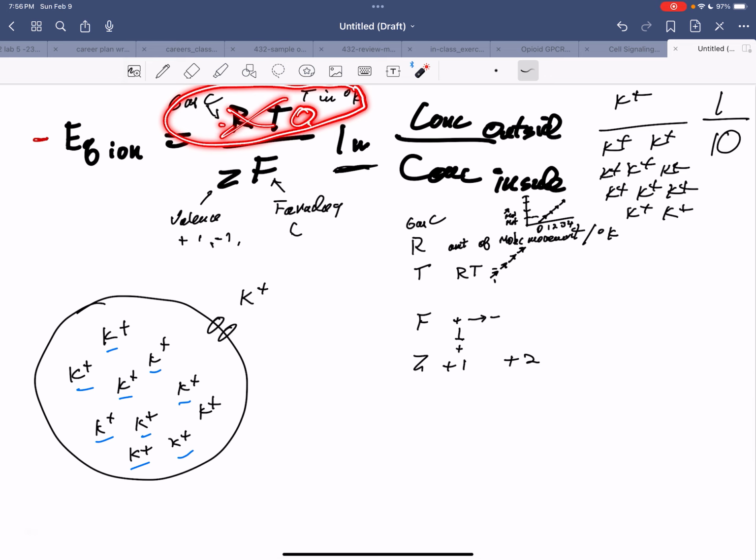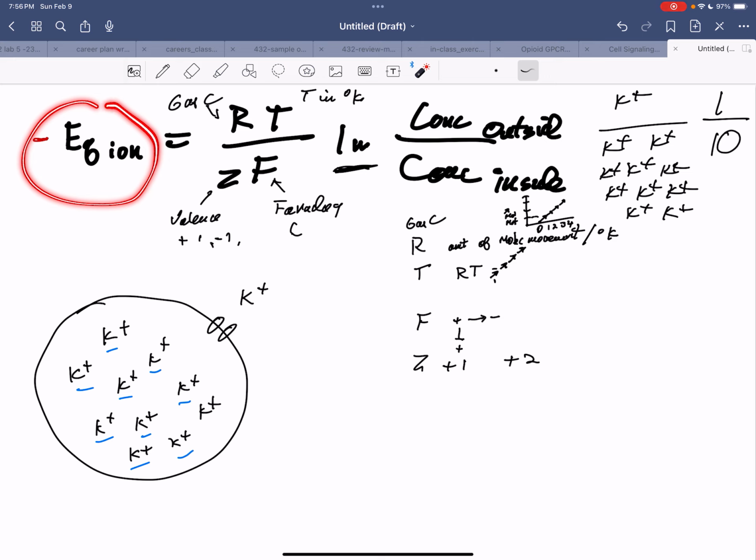There's no movement. And when that term becomes 0, you don't need any charge to maintain that concentration gradient. And so the equilibrium is 0. So it should make sense to you that as molecules are moving slower and slower, the equilibrium potential gets closer and closer to 0. You need less and less negative charge to hold those potassiums in place.